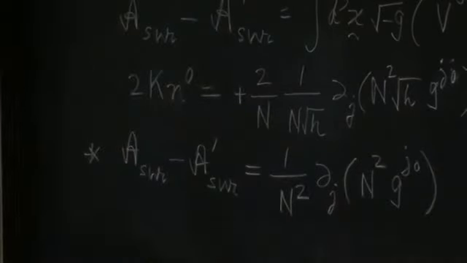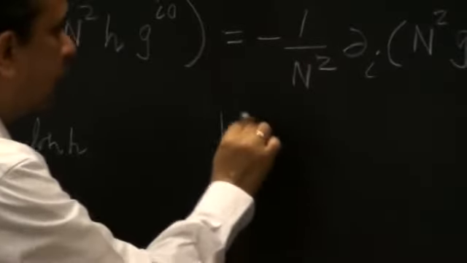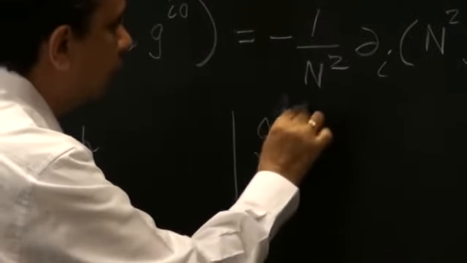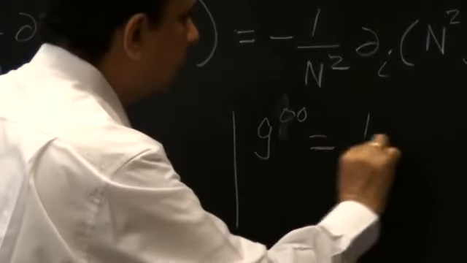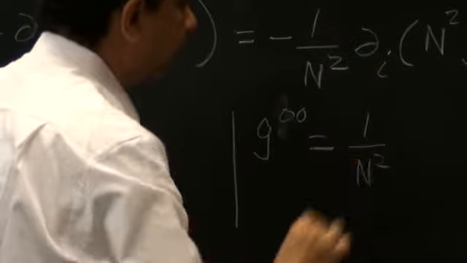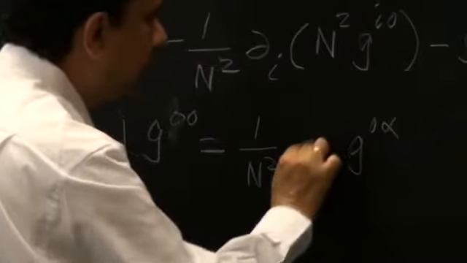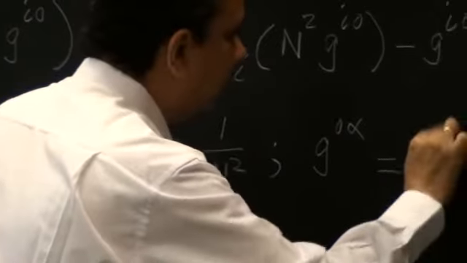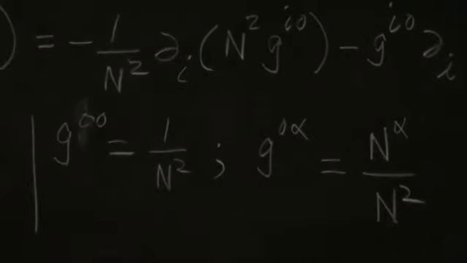We are not completely out of woods, except that you need to know what are the components of this gj0. That you can work out from the metric. The g00 for the metric is just 1 by n square. And the g0 alpha for the metric is n alpha by n square. You know the covariant terms of the metric from this, and you can work out the contravariant terms.